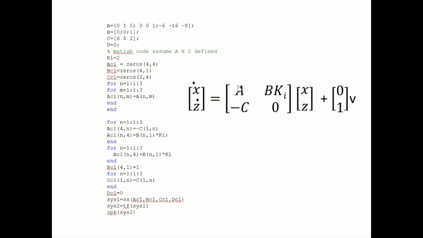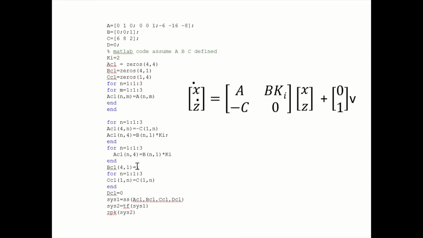This one is nth along and goes down by 3. So it's 1, 4, 2, 4, 3, 4. That goes in that box there. So that's equal to B times Ki. And so that bit there does that bit, and that forms ACL for me.